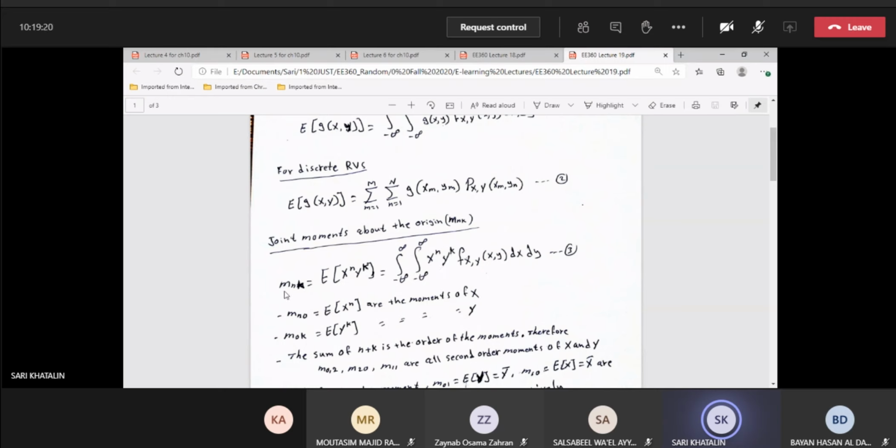So the joint moment is denoted by M subscript N and K, where N is the moment for X and K is the moment for Y. So of course here we do the integration. Like I said, this is the main equation.